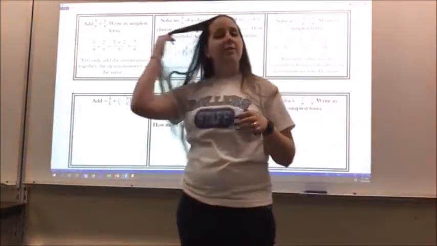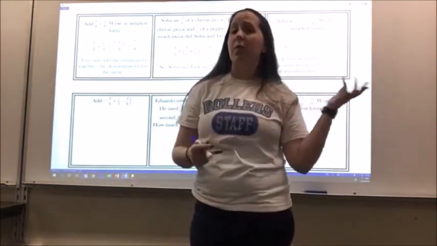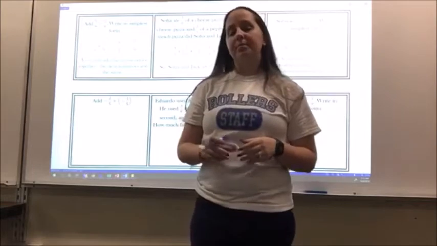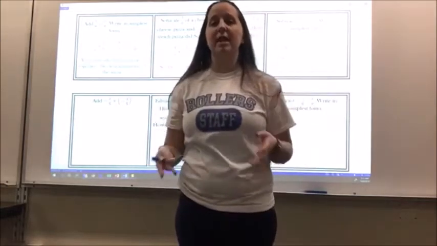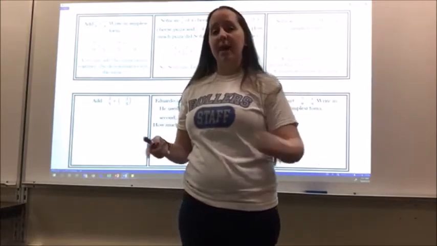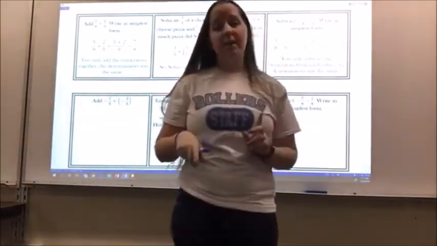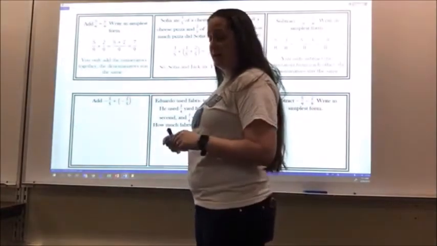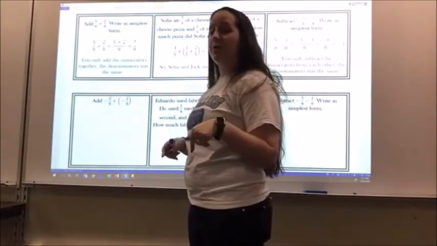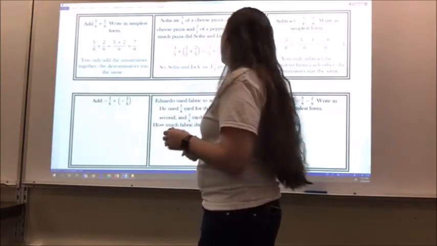Another way to think about adding and subtracting integers is to think about standing in a line. If your first number is positive, you go to the left. If your first number is negative, you go to the right. The second number tells you if you walk forward or backwards, and that'll help you visualize where you are in a line.